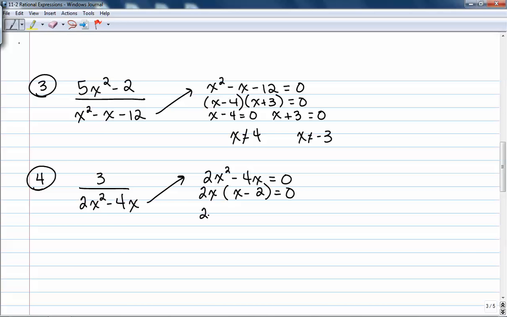So that means 2x equals 0, or x minus 2 equals 0. So one of my excluded values is 0, and the other excluded value is 2. If x is 0, my whole denominator is 0. If x is 2, my denominator is equal to 0.